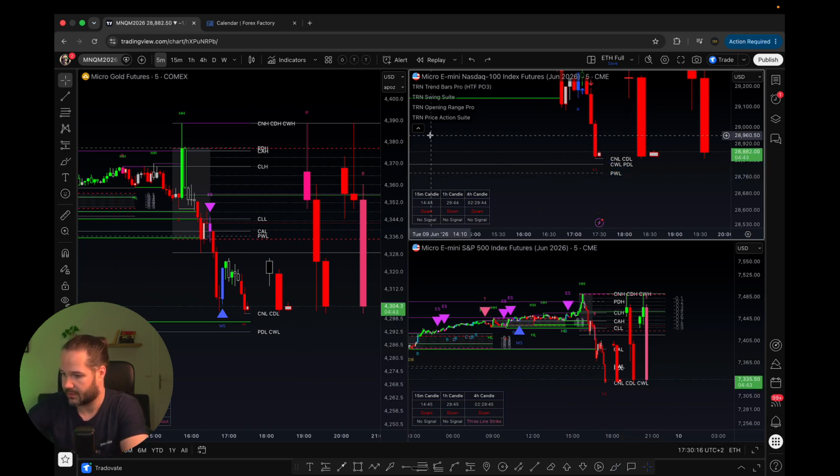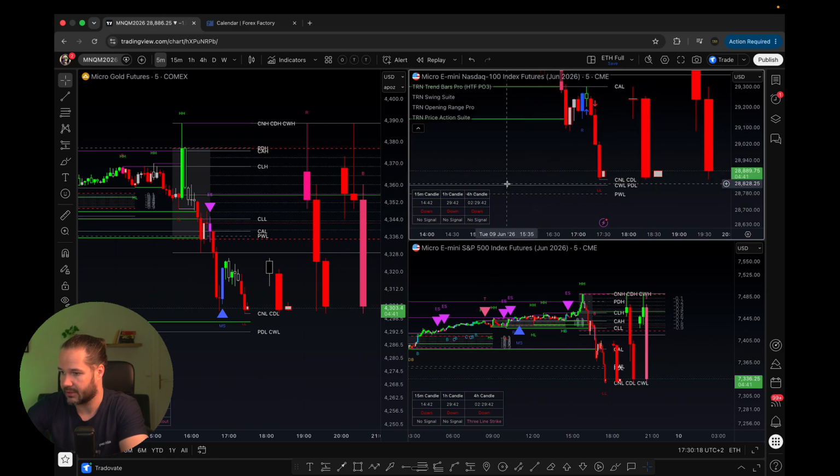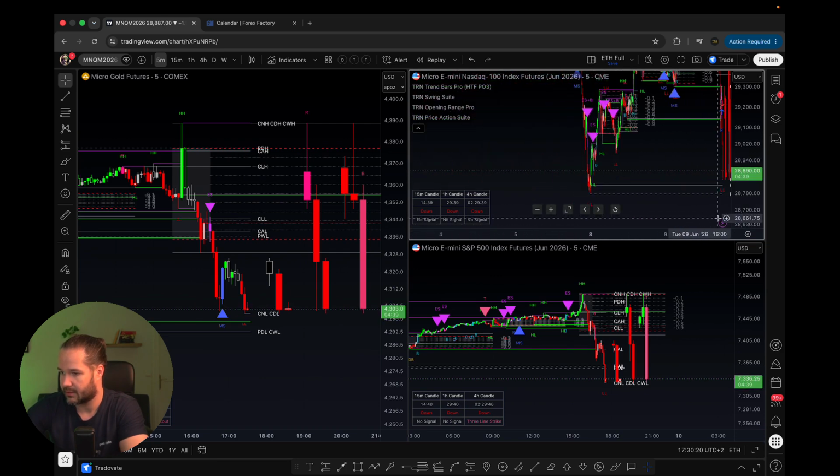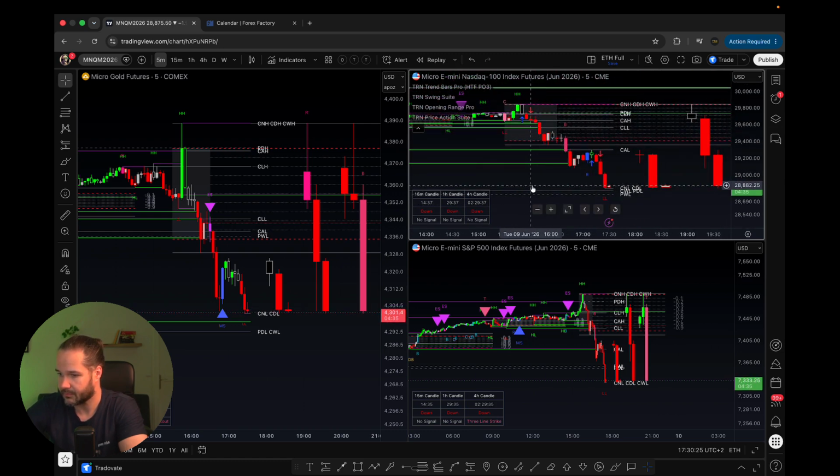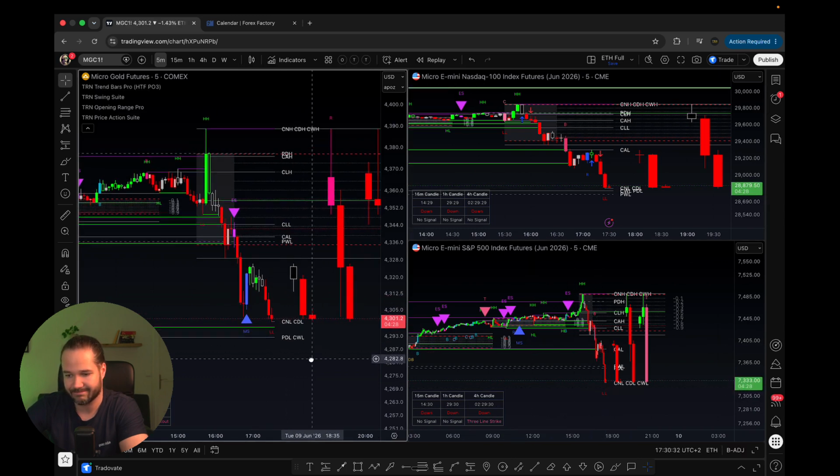Would be the last chance probably for me to catch an entry. We are very close. But otherwise, this all went too fast. There wasn't even a real pullback in between to catch an entry.